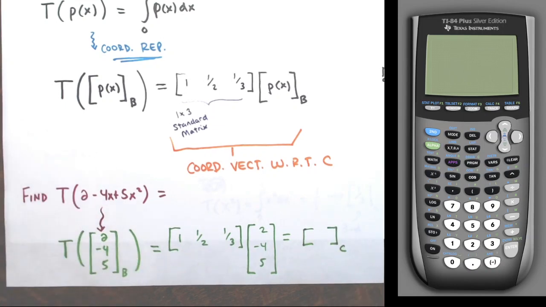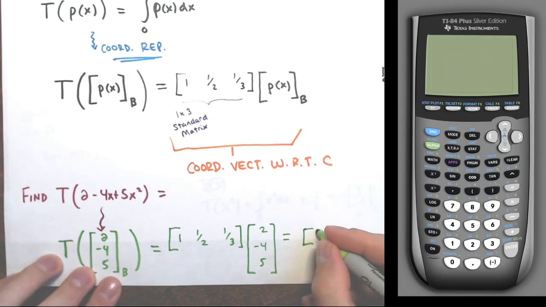The output should be coordinates with respect to basis C. Let's see. You do 1 times 2, 2, plus half times negative 4. So that'd be 2, then minus 2, that's 0. And then plus 5/3. So 5/3 is what I'm getting here.